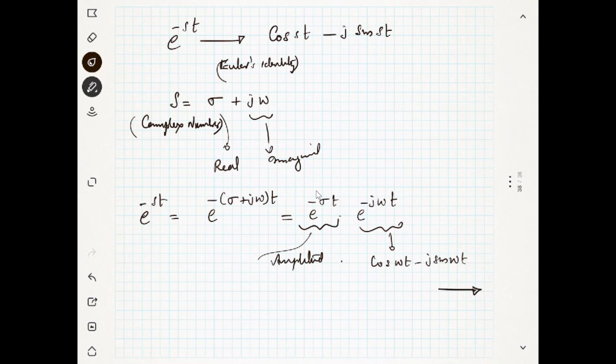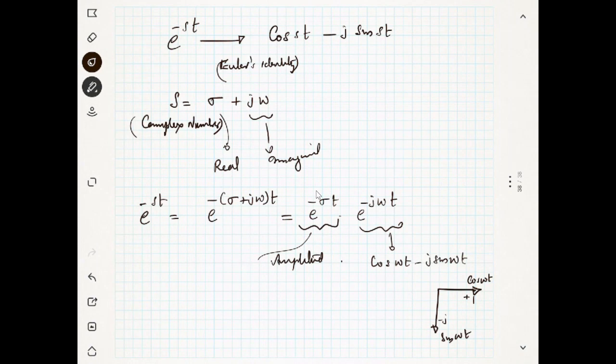Cosine omega t is acting in one direction and sine omega t is acting in the direction of minus j. So this is the direction of 1 and this is the direction of minus j. Both are acting in a perpendicular way.